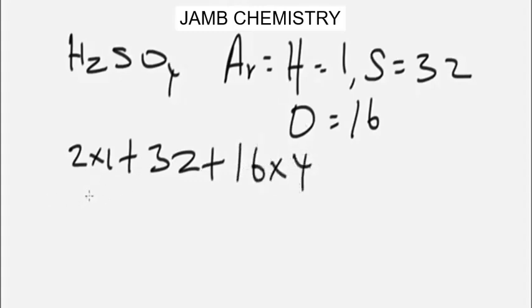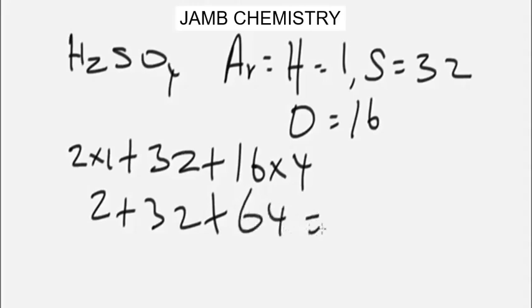When you simplify this, you're going to have 2 plus 32 plus 64, since 16 times 4 is 64. When you add everything here, you get the output to be 98, 98 gram per mole.